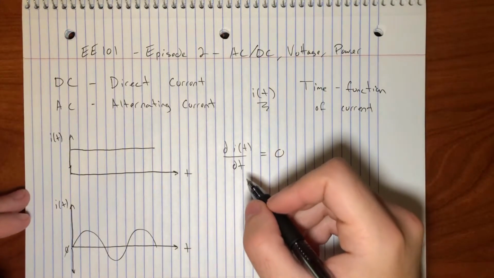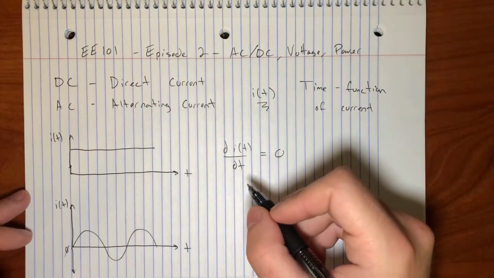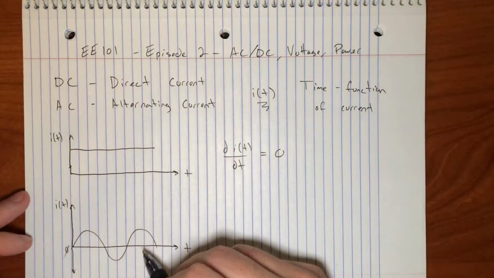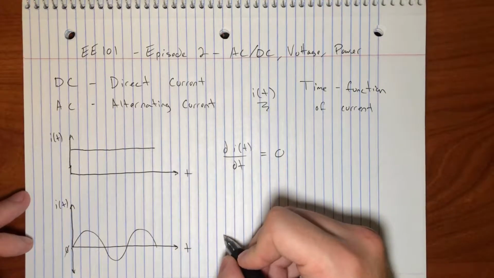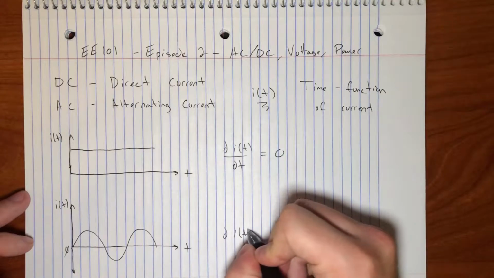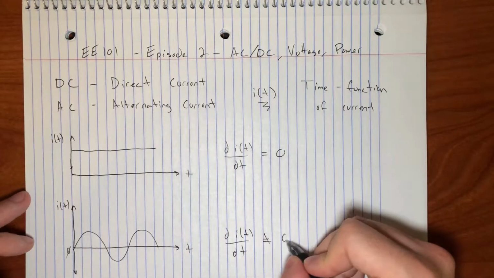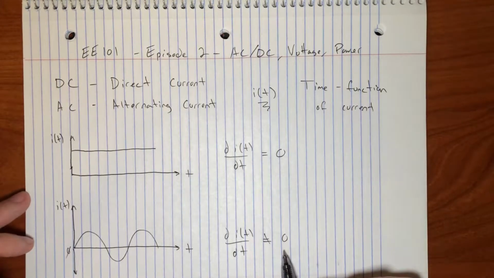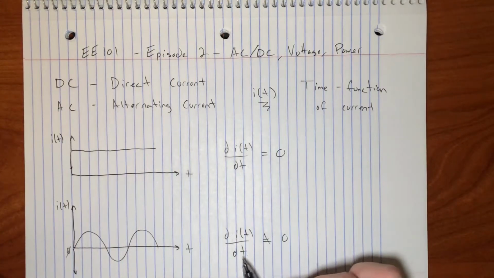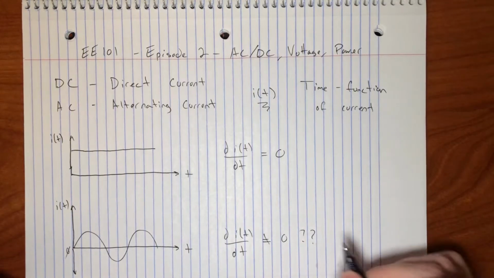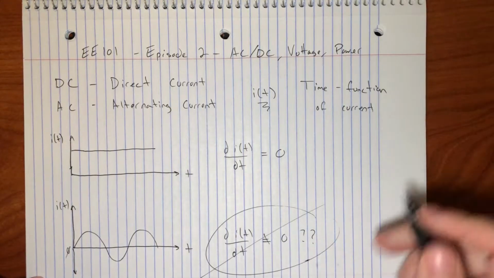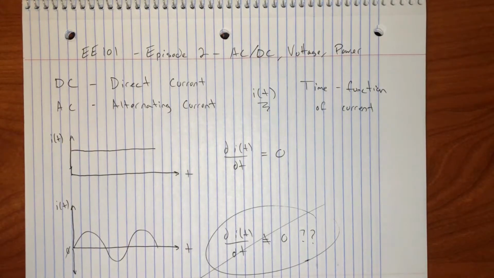So then the natural question might be, to draw an elegant definition of AC current, is it as simple as the contrary to DC? Is it as simple as saying the time derivative of the current does not equal 0? Well, it's not that easy, and I'll explain why in a second.